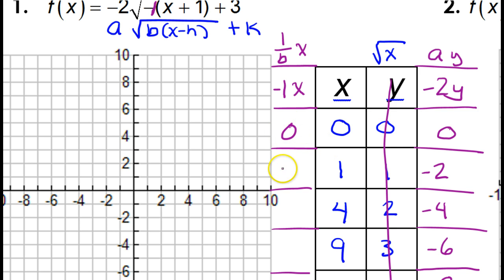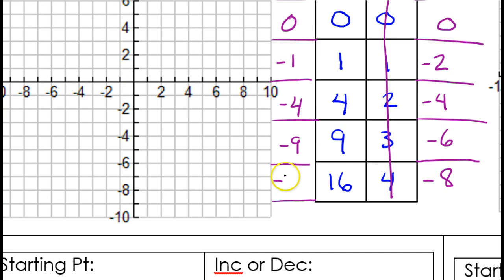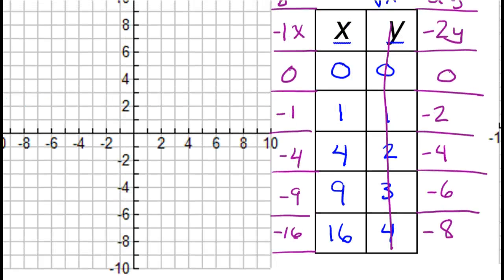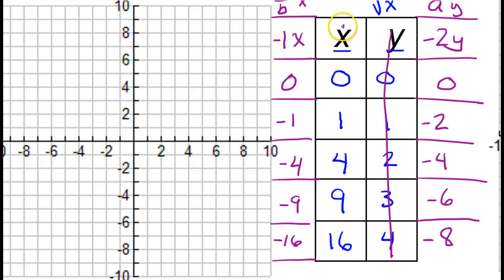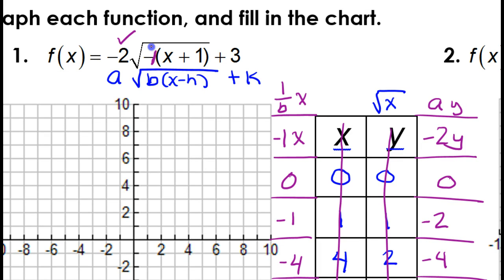So that's going to be 0 and -1 and -4 and -9 and -16. Okay, so those are my new x values. So once you have new x values, you can cross out your old ones. So these are the x values and y values that I'm going to plot on this graph. So now we have taken care of this, the b value.